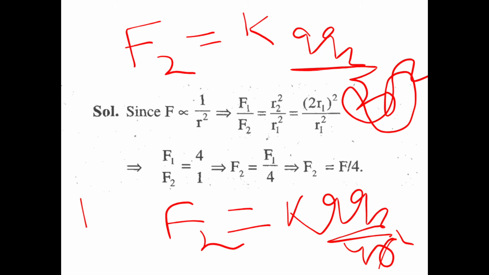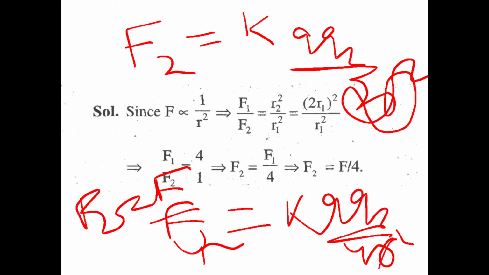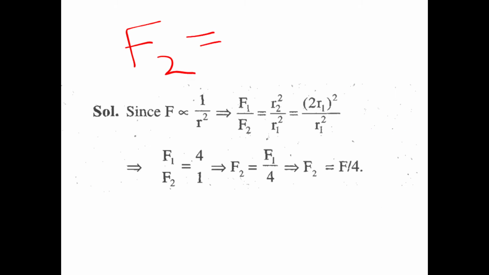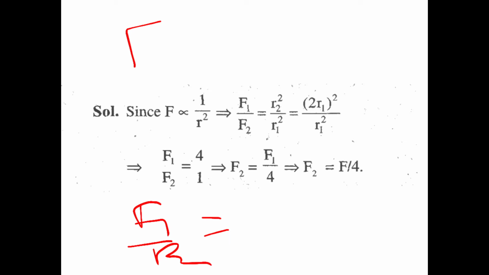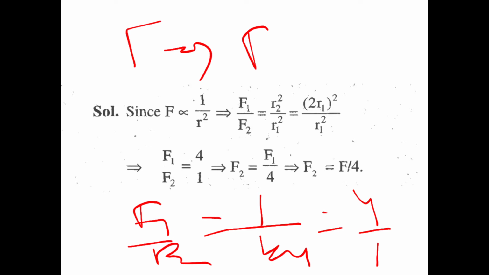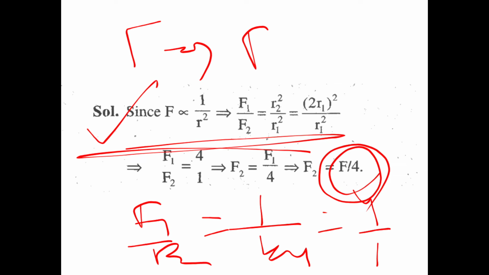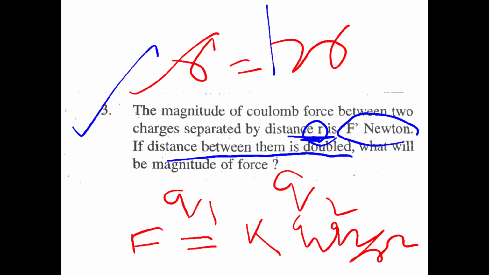So we get F2 is equal to F by 4. From this solution we get F1 by F2 is equal to 1 by 1 by 4, that is equal to 4 by 1. Can you solve this? You can solve it as I solved this problem. You can apply my trick.